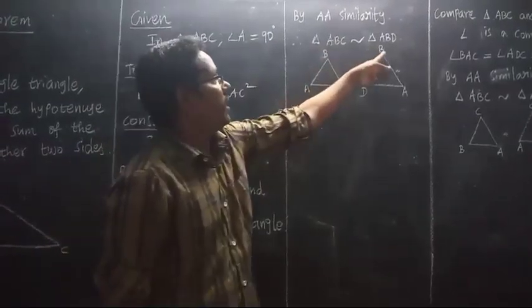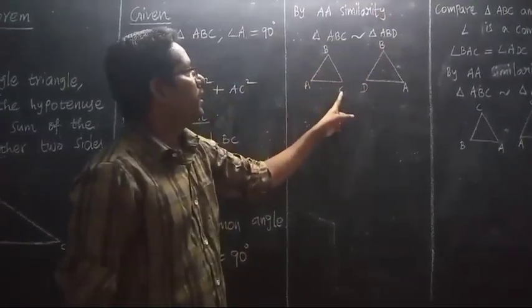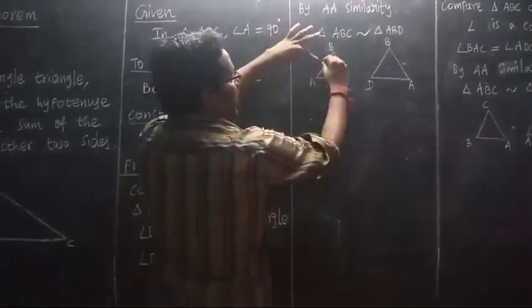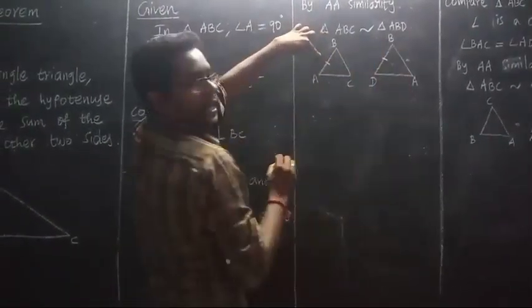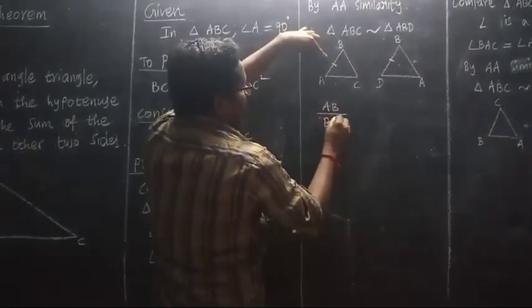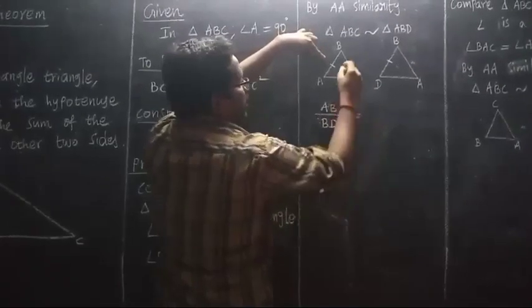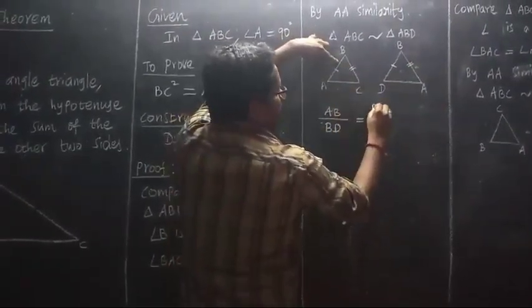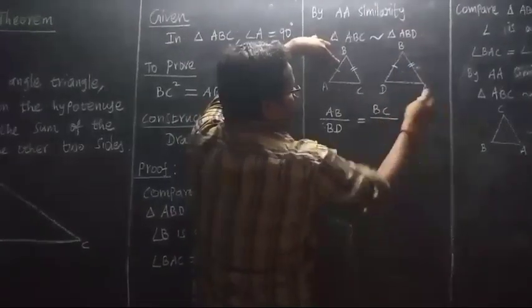Similar means that if we draw two triangles, the corresponding sides are proportional. B is a common angle in ABC and DBA. The corresponding sides are AB and DB, therefore AB divided by BD equals the second corresponding sides, BC divided by BA. So AB divided by BD equals BC divided by AB.